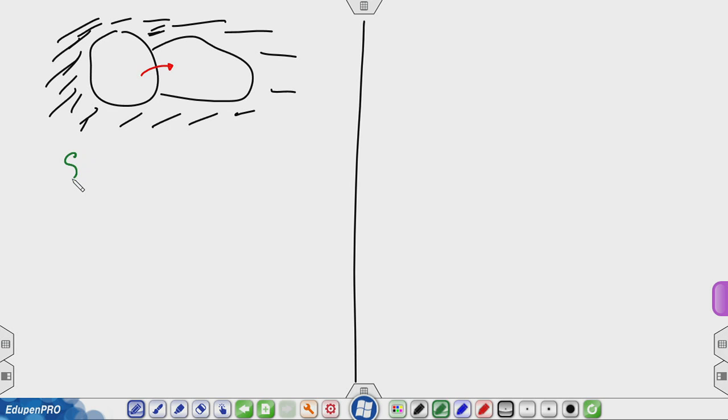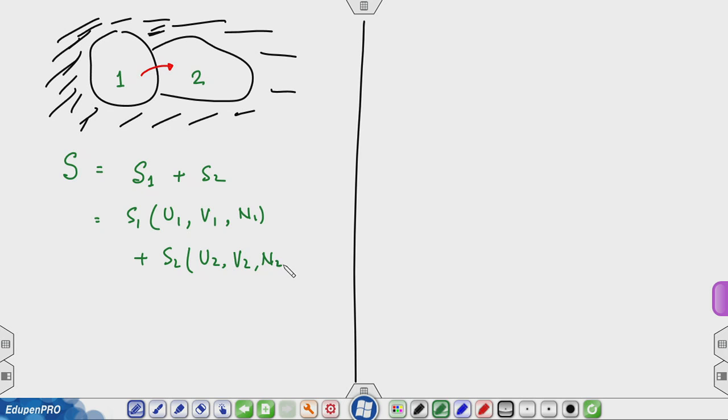Now the entropy of the system, let's say this is system 1 and this is system 2, will be given as S1 plus S2. And this is a function of U1, V1, and N1 plus S2 of U2, V2, and N2.